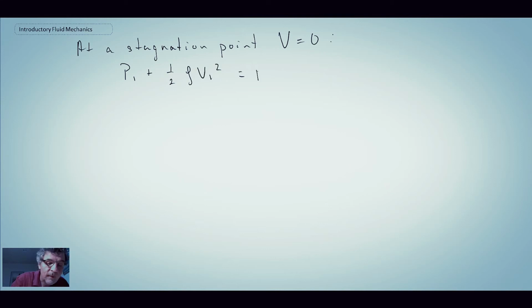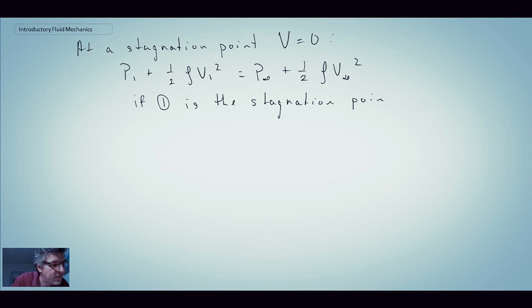If you recall, at a stagnation point we had V equals 0, and with that, Bernoulli's equation, if you're following a streamline, so let's assume 1 is the stagnation point.